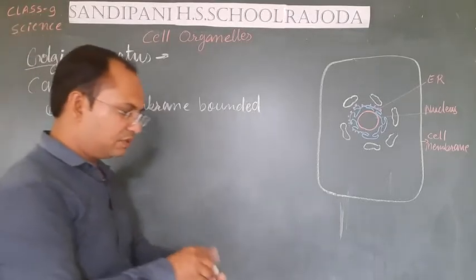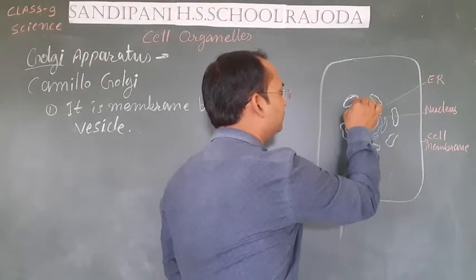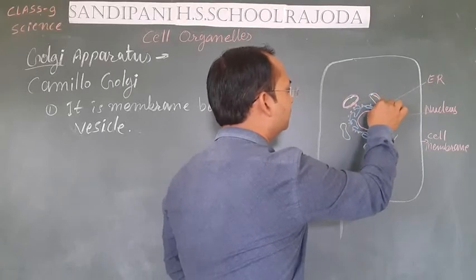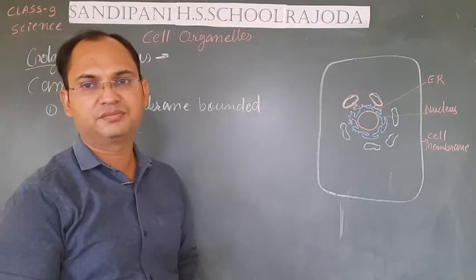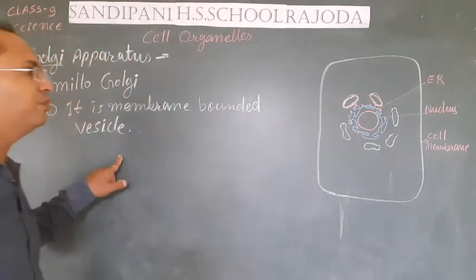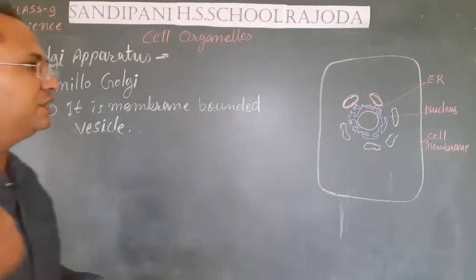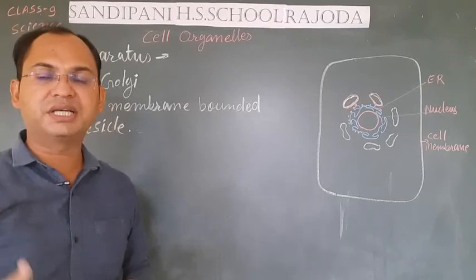That means there is a membrane present outside the Golgi apparatus, which separates the Golgi apparatus from the rest of the cytoplasm. That is the first property. Second property, students, is that the place where it is present is called cisternae.